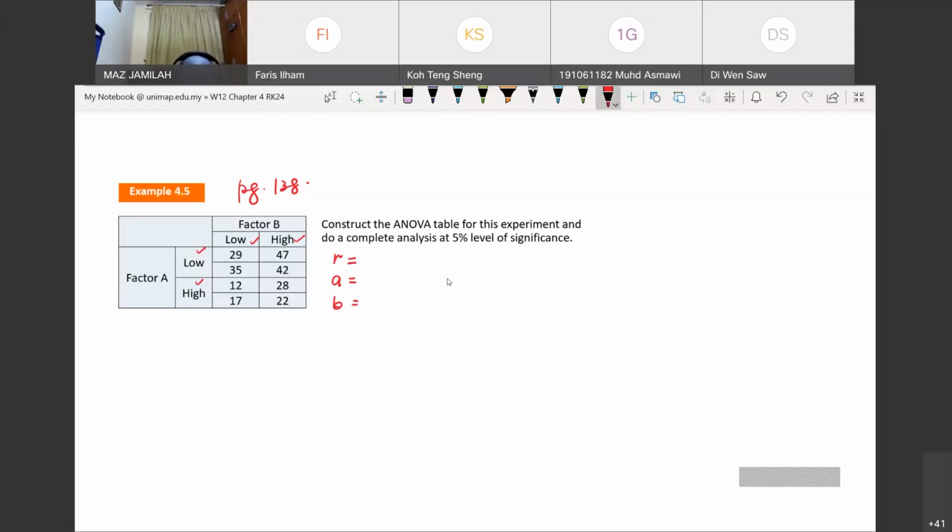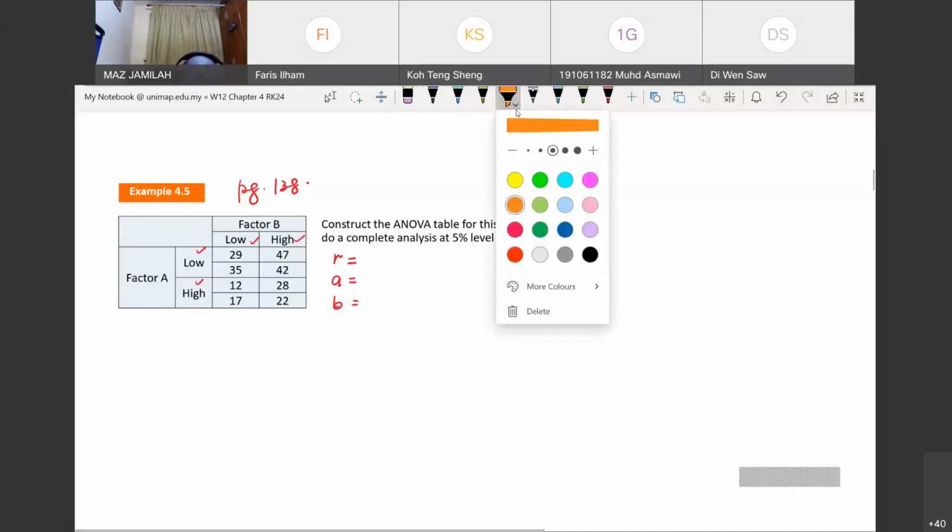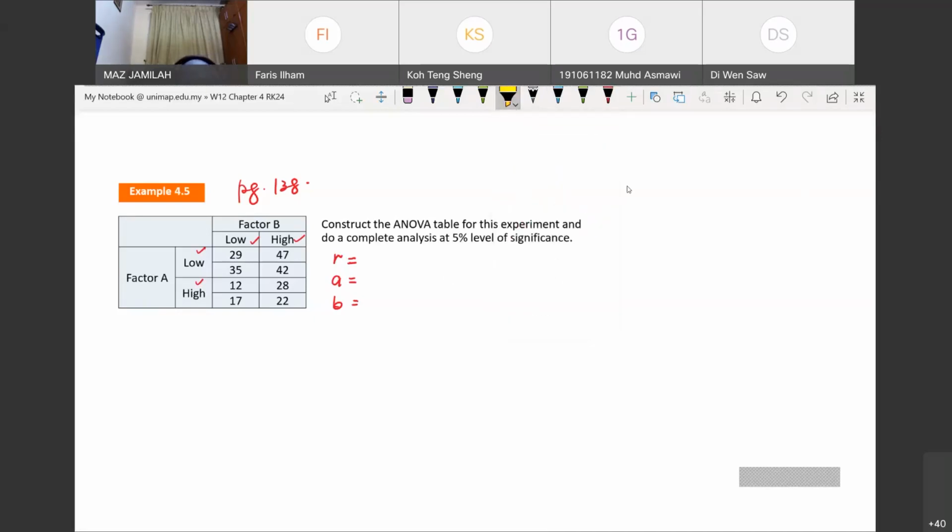How many replications do we have in this particular experiment? The way we find the replication is based on the given data for each level of your factor. If you look here, for the low level of factor A you have two response variables.